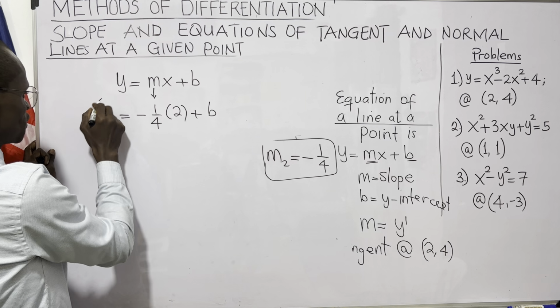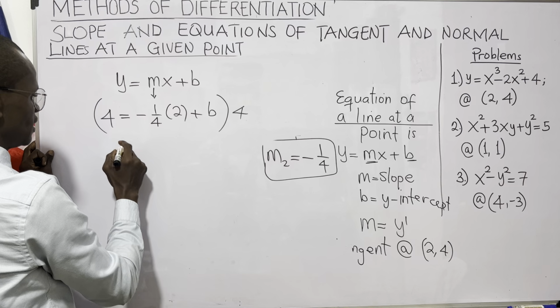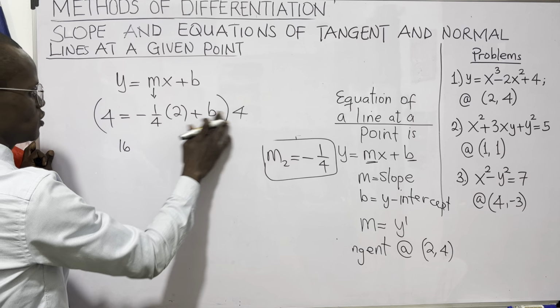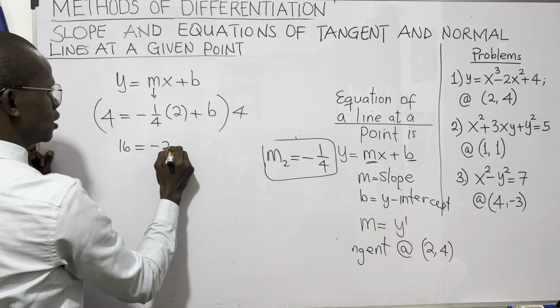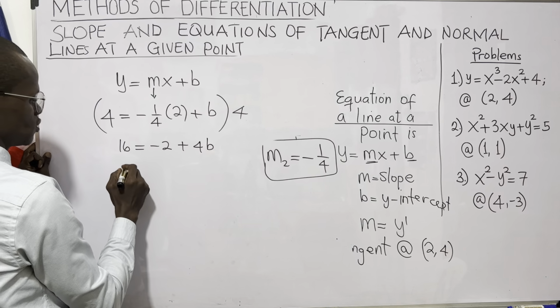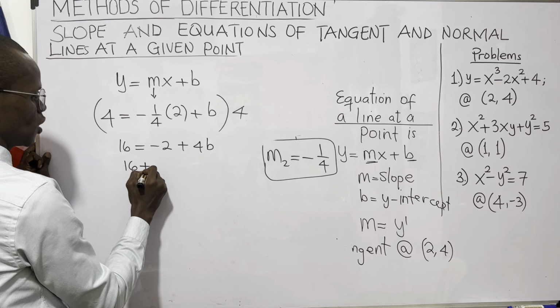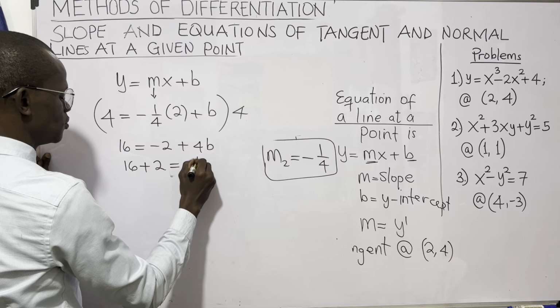So we can multiply this whole thing by 4 to get rid of the denominator. 4 times 4 is 16. 4 and 4 will cancel, and we are left with -2 plus 4b. So we send this 2 across. It becomes +2, so 16 plus 2 equals 4b.